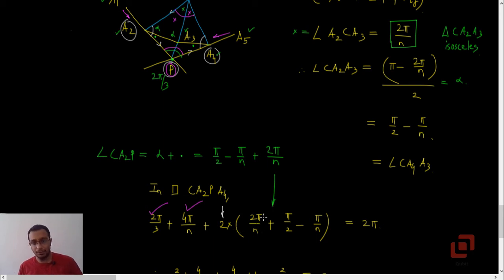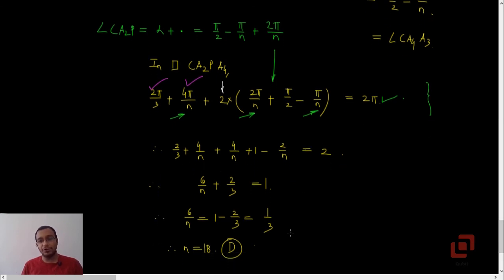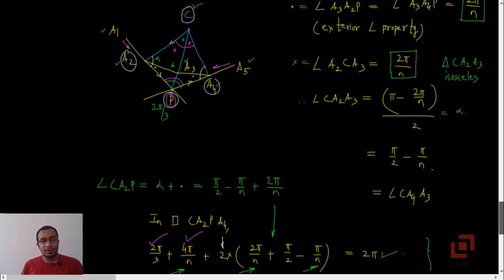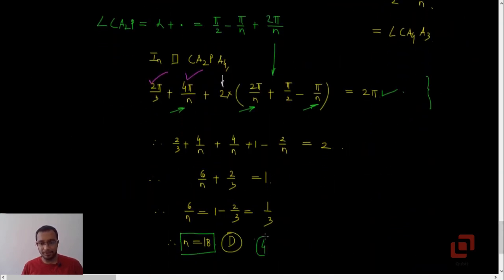So 2π/3 plus 4π/n plus 2 times (π/2 minus π/n plus 2π/n) has to be equal to 2π. Correct? Now observe that this equation is the extremely important equation as far as this question is concerned, because this consists of only one unknown, which is n, isn't it? So if you solve this equation, which I think all of you can, you will get the value of n as 18. And that is the fourth option in the question, or option D.